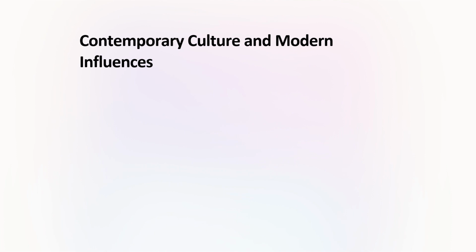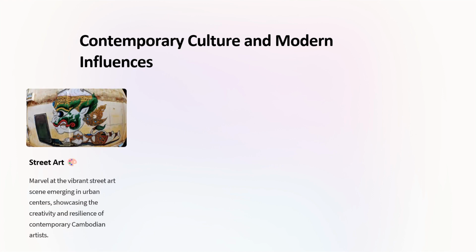Let's move on to the last point. We have to talk about the country's culture and modern influence. First of all, we have to talk about street art. Street art is a mural or wearable art seen like a motion, a cluster like in this picture.